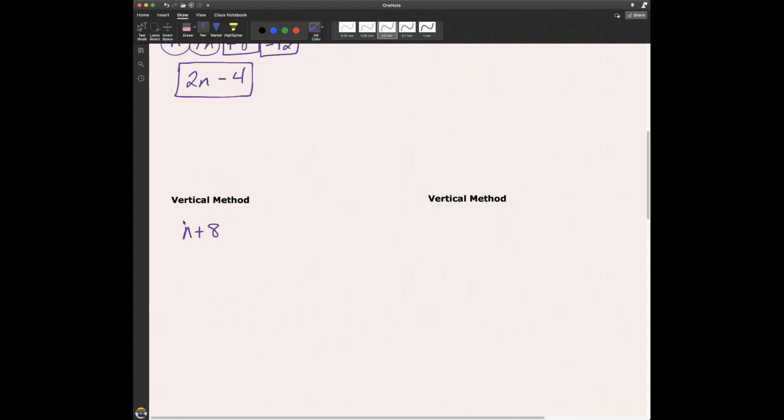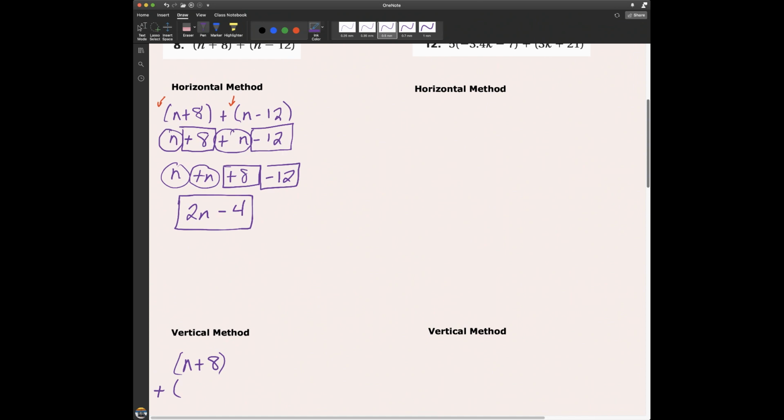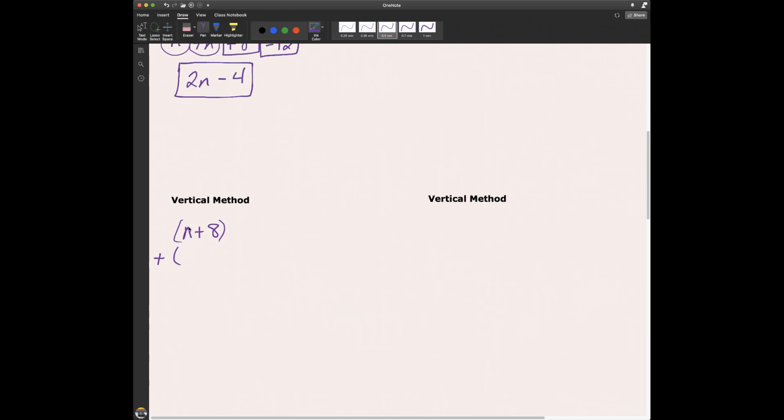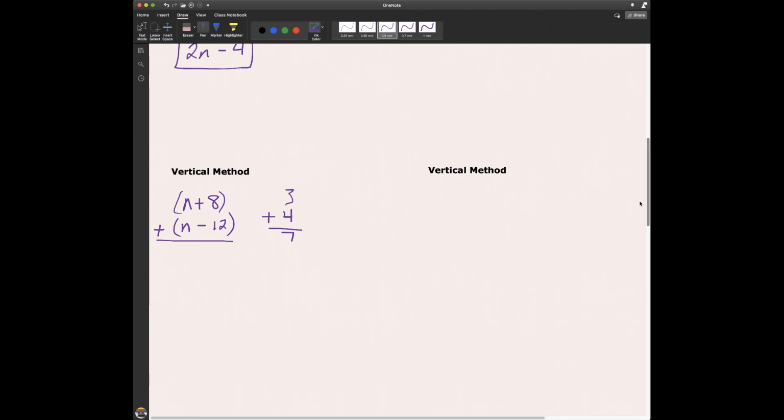And what I'm doing is I'm adding the other expression, which was n - 12. So n - 12. Okay, so I'm adding vertically, just like in elementary school when you would add things like this together, right?